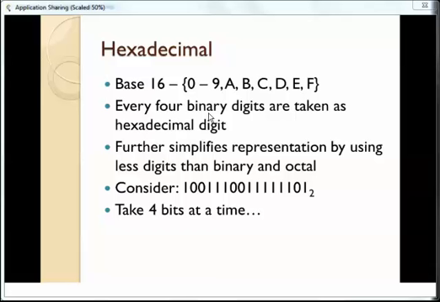So this starts to give you a little indication of how electronics can be simplified, and then subsequently even programming can be simplified through the different base conversions. So again, consider a very long binary string that you see here: 1 0 0 1 1 1 0 0 1 1 1 1 1 1 0 1.